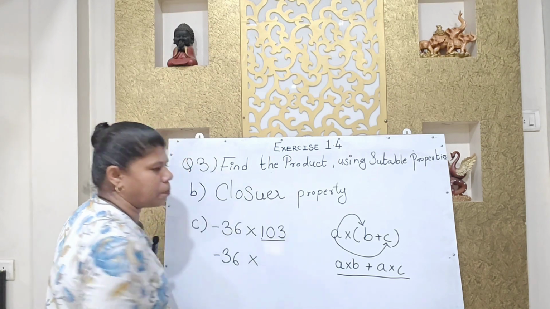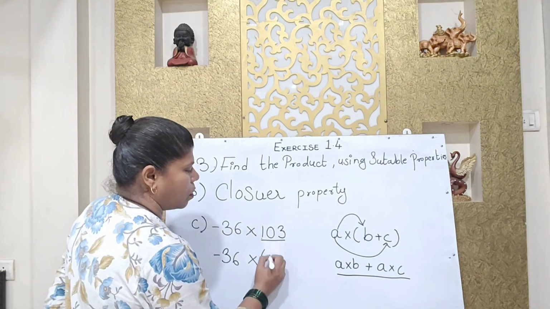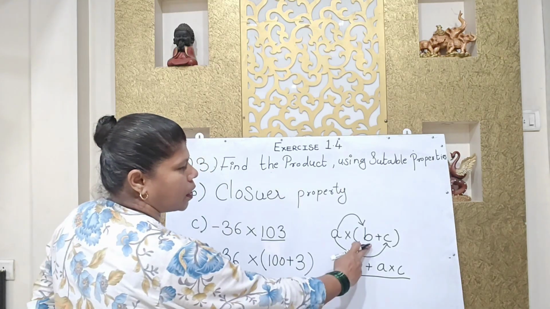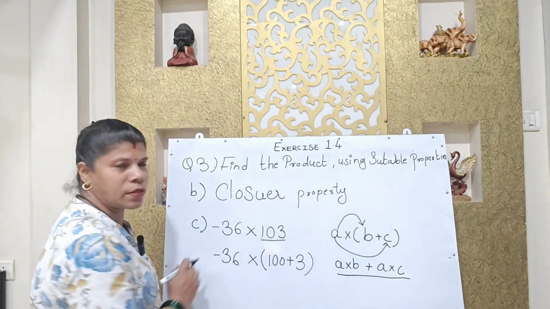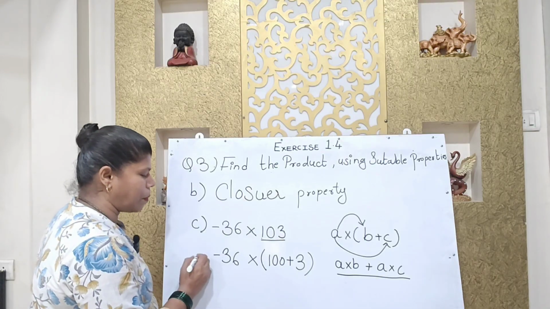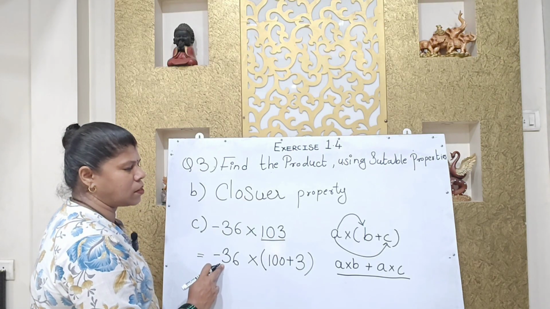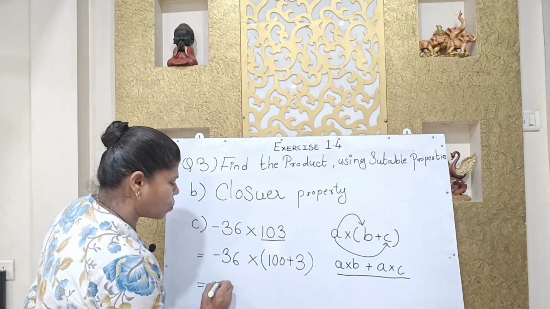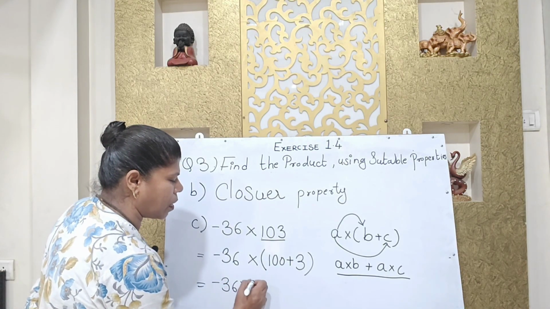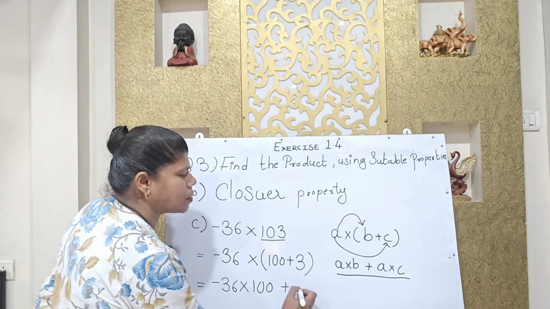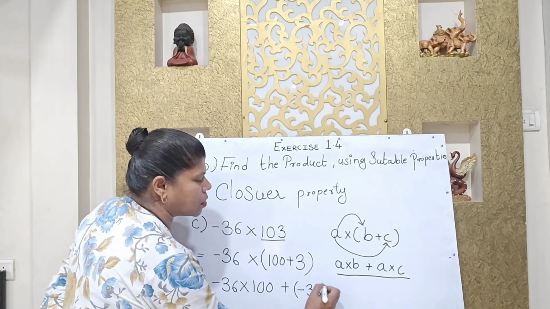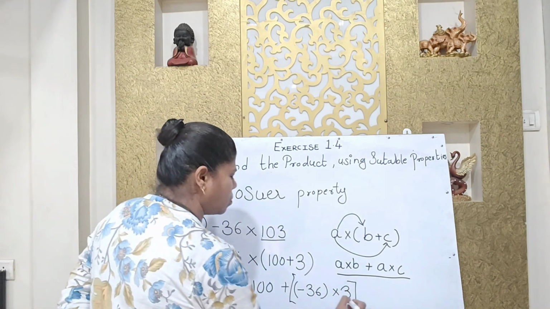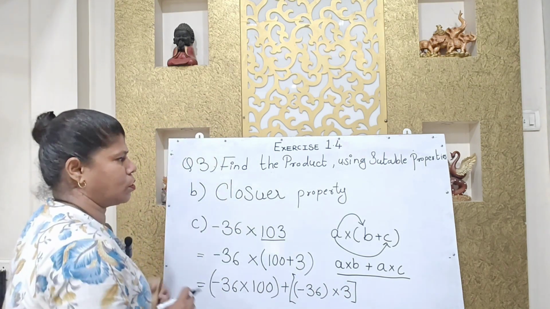We can split this number 103 as 100 plus 3. B plus C, that is 100 plus 3. Now we have to multiply minus 36 with 100 and minus 36 with 3. So minus 36 multiplied by 100 plus minus 36 multiplied by 3. You can put brackets here to separate the parts.